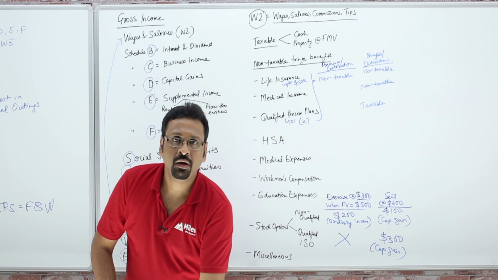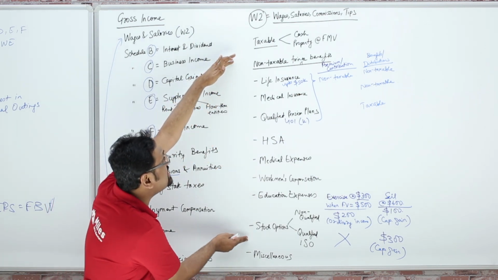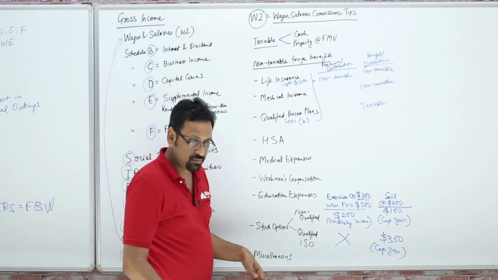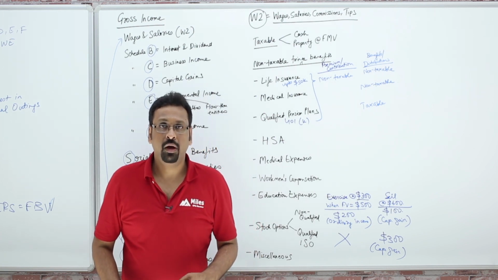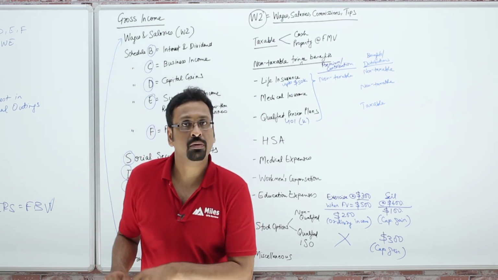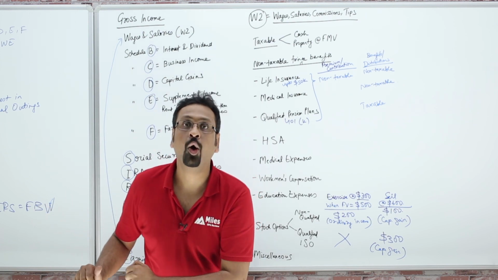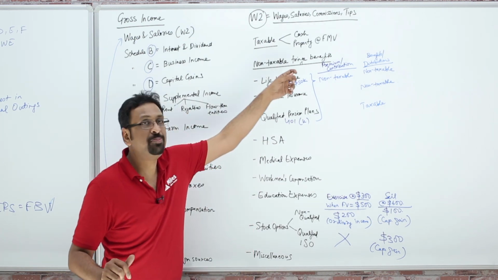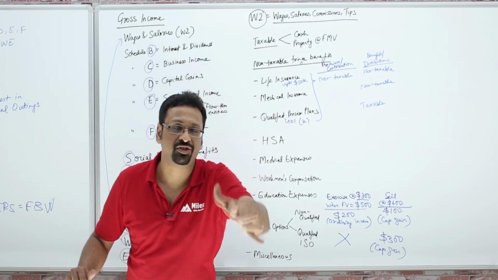Finally, on the wages non-taxable fringe benefit list, I've got some miscellaneous items. Let's say you've got a company laptop and you also use it for your personal use. Let's say you spend a couple of hours every week as a routine on Facebook. That's like a fringe benefit, but it's a de minimis fringe benefit, non-taxable.